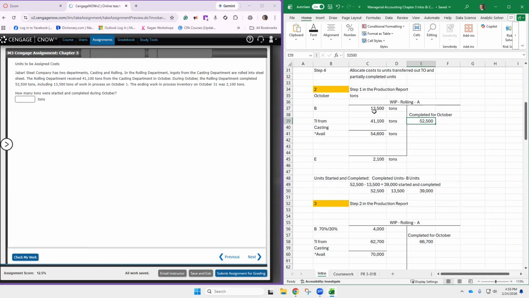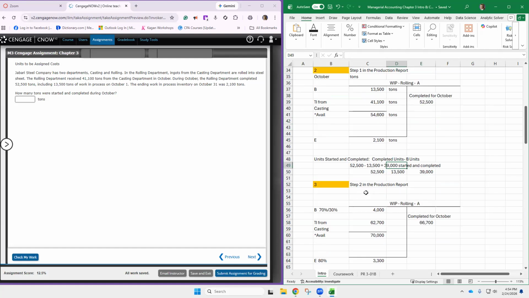So you have to subtract this from this. 52,500 minus 13,500 is 39,000 started and completed. We have to get used to calculating started and completed, because you're going to need to be able to calculate 3 groups worth of units. Group 1, group 2, group 3. So 39,000 tons is how many started and completed.